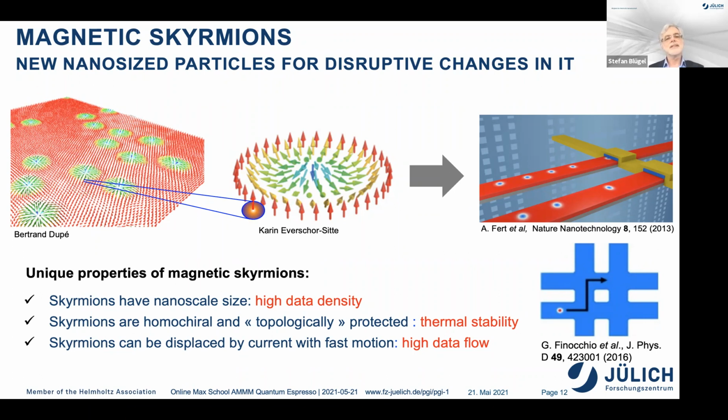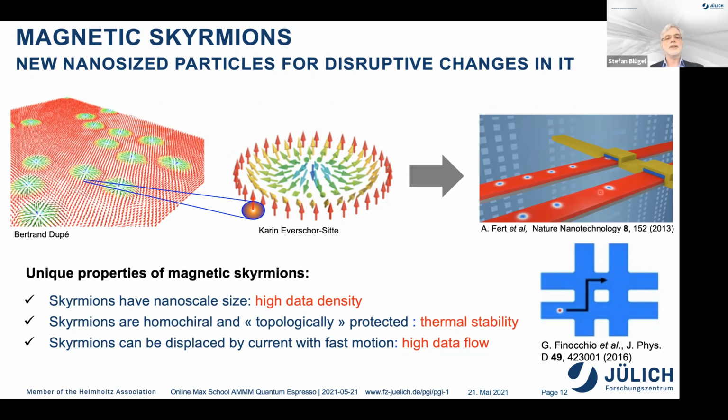But these skyrmions are not arbitrary magnetic structures. No, they are topologically protected magnetic structures. And what happens is that each magnetization points in a unique magnetization direction. And you can now put these skyrmions on a memory, which is not a hard disk memory, but a racetrack memory.